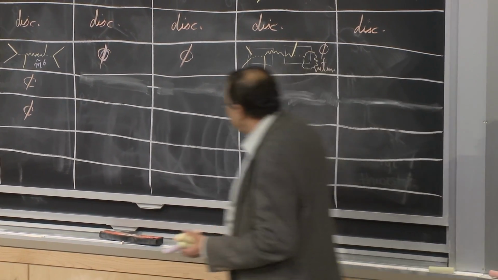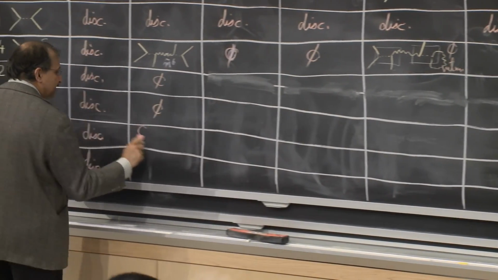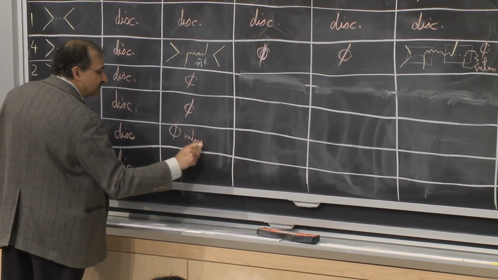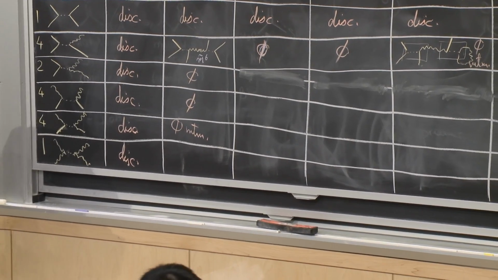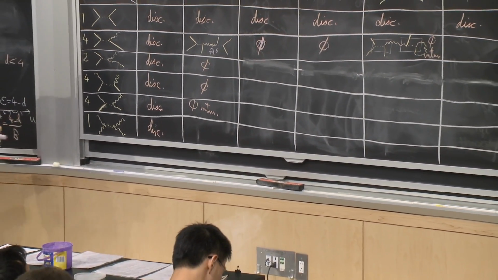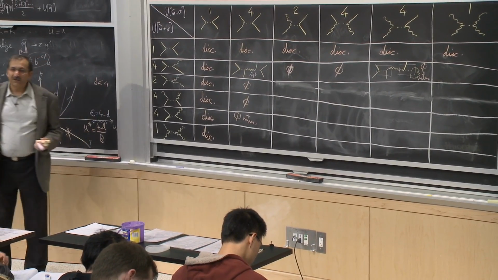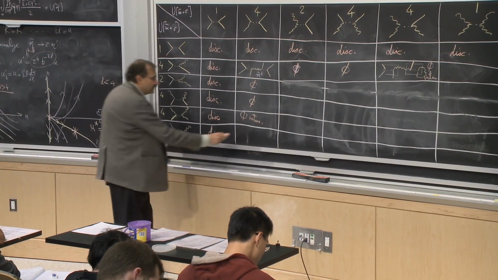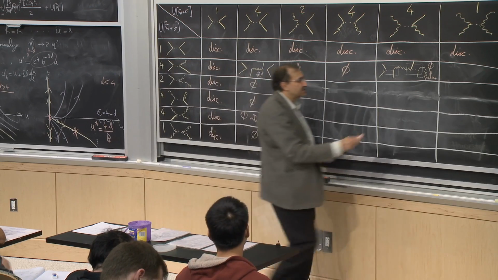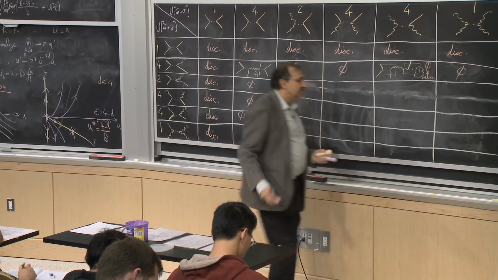And again, because of that, I will have a 0 down here. The next diagram has 1 sigma from here and 4 sigma, so that's an odd number of sigmas. So this will be 0 too, just because of up-down symmetry in m tilde.